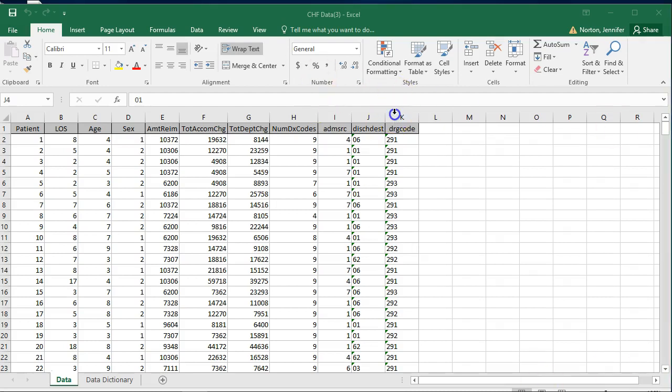We know that the DRG sets that we have in our data set are the CHF MS-DRGs, 291, 292, and 293. So the chart that you have in your lab assignment is the information that we have in our data set.